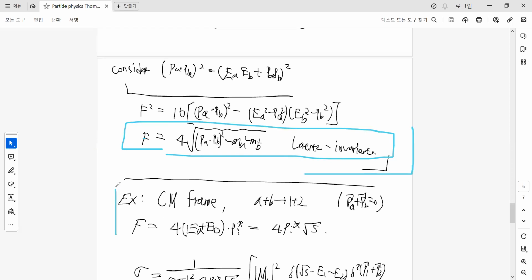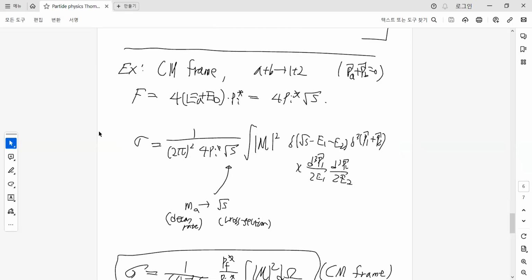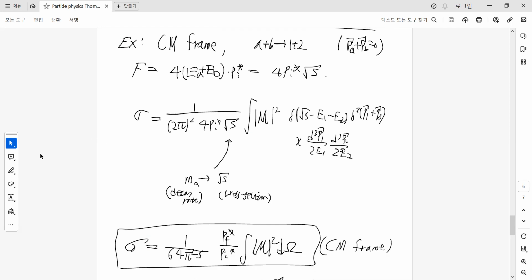Similarly, we can apply this to the CM frame two-by-two scattering. The initial particles are A and B, and the final particles are 1 and 2, in the CM frame. The initial particle momenta have the relation P_A equal to minus P_B. And the Lorentz invariant factor is reduced to the S channel momentum transfer, root S, as the sum of the center of mass energies.